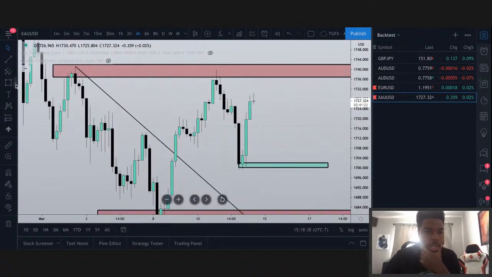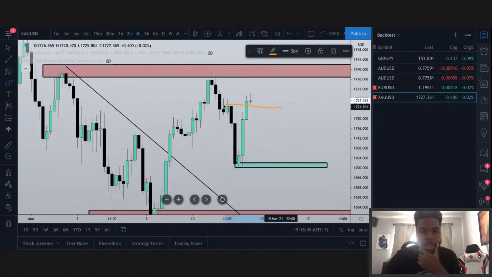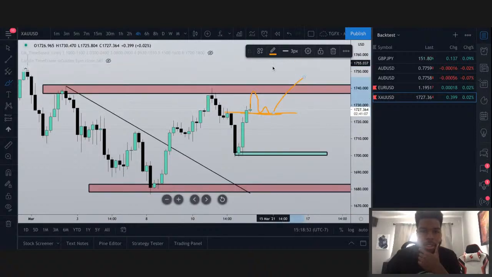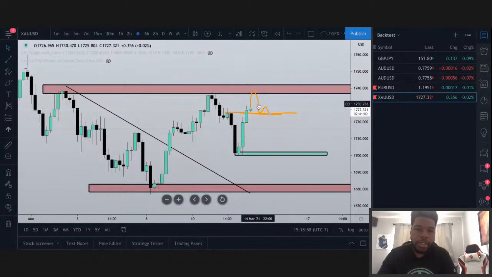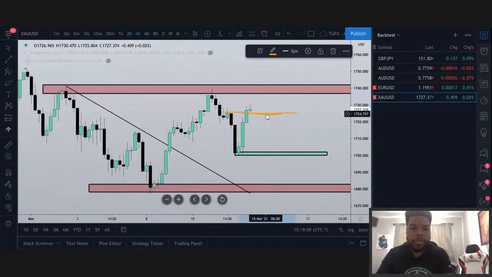Like I said, I don't really see price coming all the way down here unless we break structure back down. But potentially what we could see is a push up to here, consolidation, maybe some kind of zone established here, and then a breakthrough. Or we can just break through, retest the top, and then continue going. So we just have to see what happens with that.